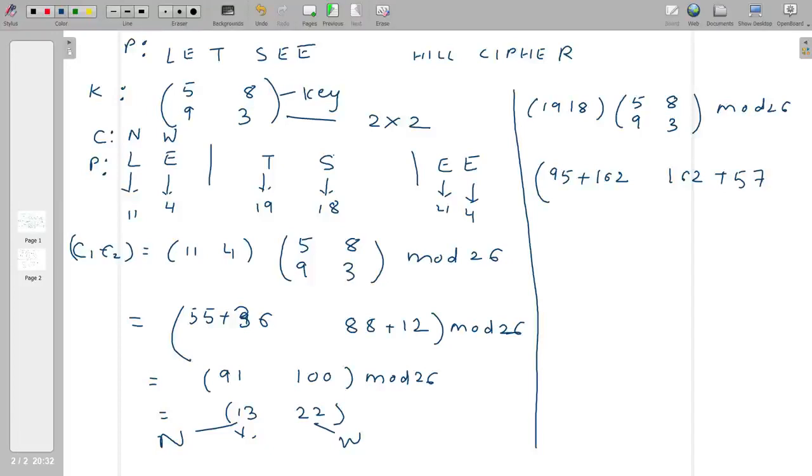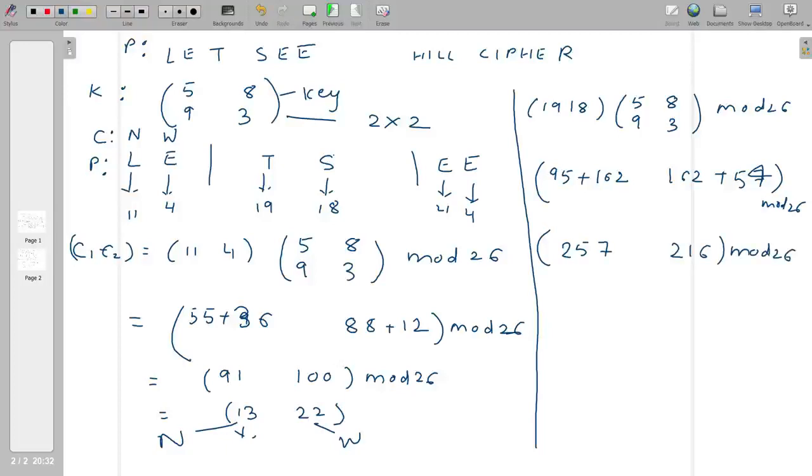2 into 3 comes out to be 6, and it is a mod 26 operation. So 19 into 5 plus 2 into 9, 19 into 8 plus 2 into 3. So 95 plus 18, which comes out to be 113, and 152 plus 6, which comes out to be 158, and it is a mod 26 operation.